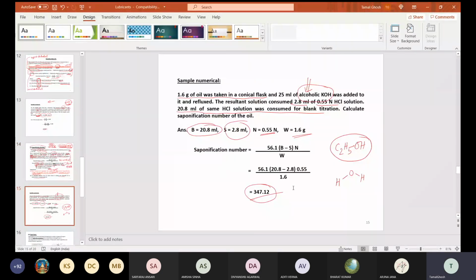Ethanol has a boiling point of around 78 degrees Celsius. Water has a boiling point of around 100 degrees Celsius. If you are using the mixture, boiling will obviously take place below 100 degrees. Ethanol is more volatile.